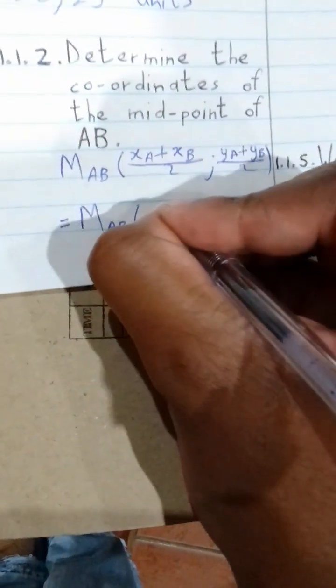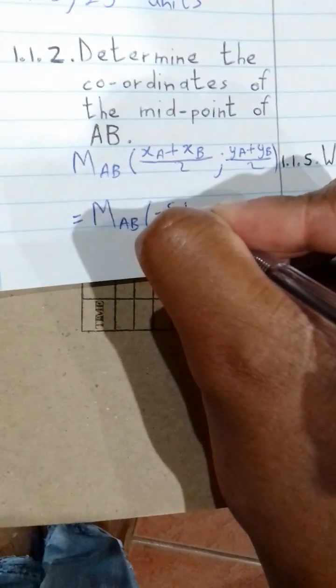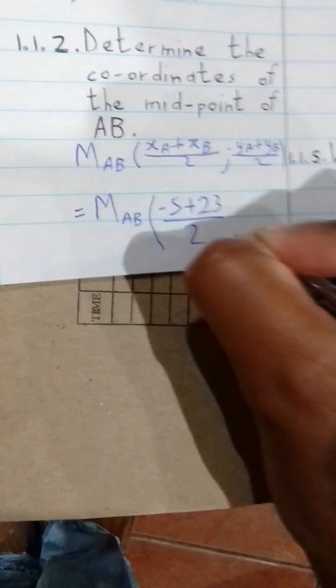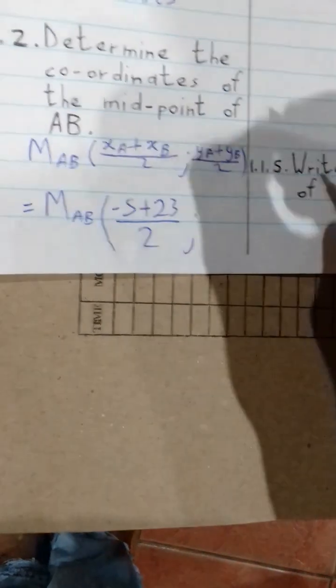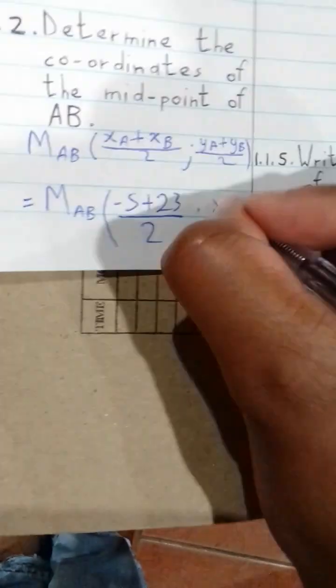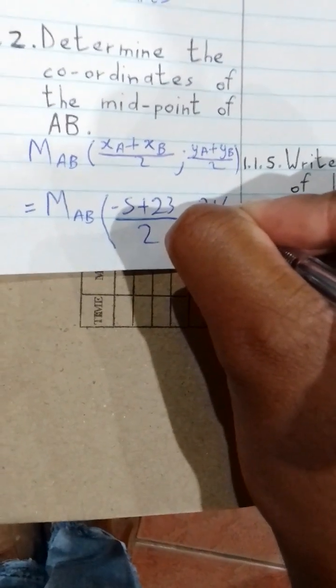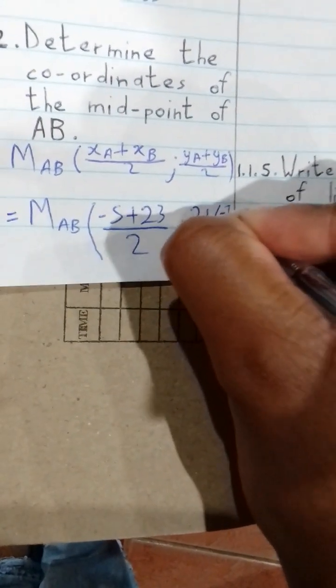What is x of A? Negative 5, plus x of B, 23, over 2. What is y of A? 2, plus what is y of B? Negative 7 over 4, over 2.